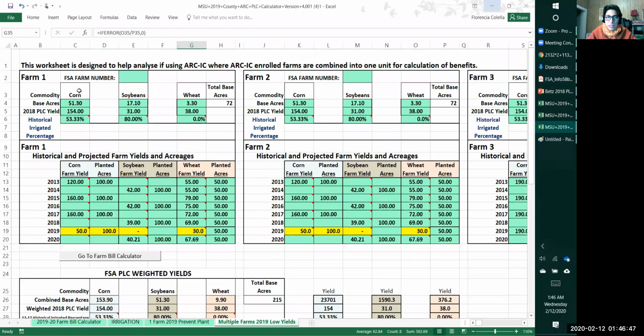And what this last page lets you do is estimate what would happen if all of those farms got lumped together.